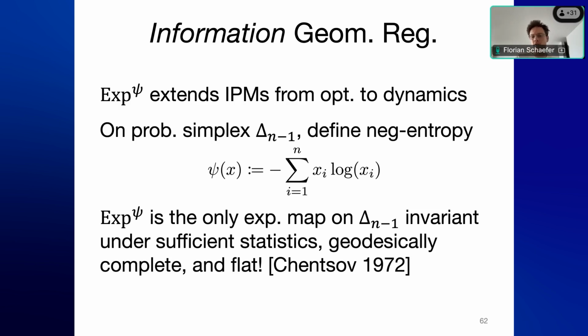That means it's the simplest such map from a differential geometric perspective that you could find. And that is why these dual exponential maps are so important as a canonical way of endowing structure on families of probability distributions.